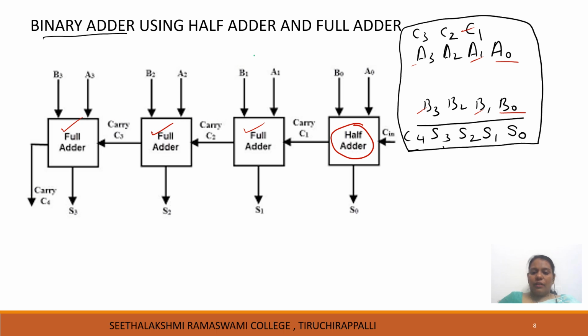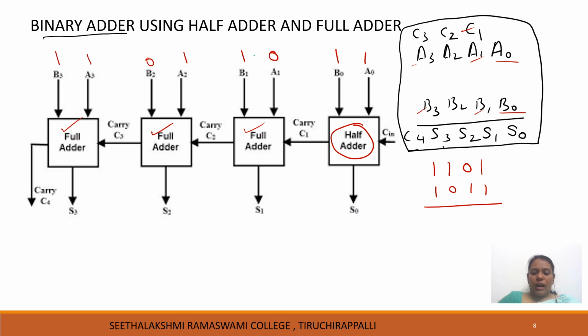Let us take the first 4-bit number as 1101 and the second number as 1011. So here A0 is 1, B0 is 1, A1 is 0, B1 is 1, A2 is 1, B2 is 0, A3 is 1, B3 is also equal to 1.